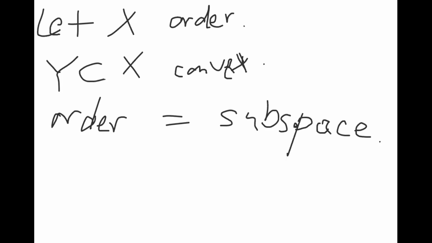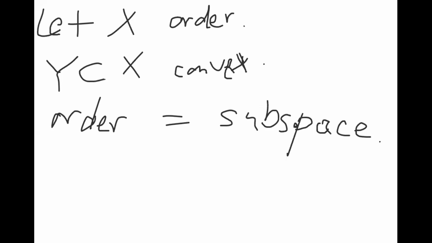Do you have any thoughts? Sorry, it was lagging for me for a couple of minutes. From what I see on the board, you said that ordering X by having subsets of X is the same as having subspaces? Yes.